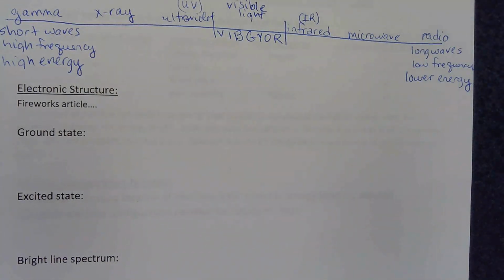Besides the booms and the bangs, we see colors. And what is making that color in the firework is the same thing that you saw yesterday and the rest of us are going to see this week in lab. It's the electrons doing something that causes the color that we see when we burn certain elements.